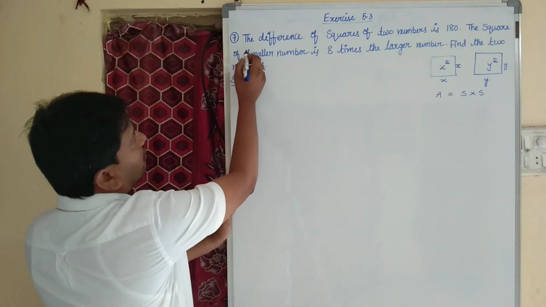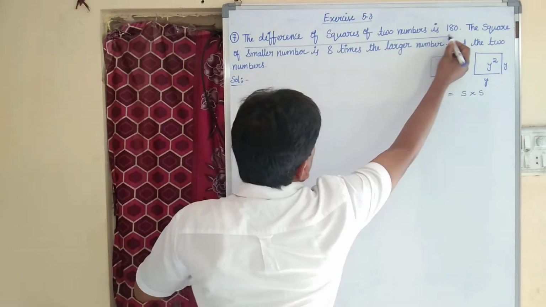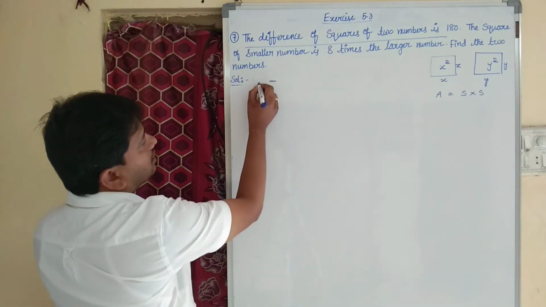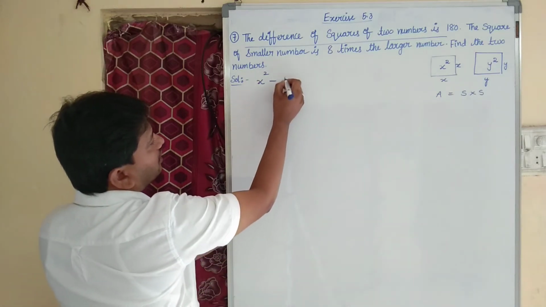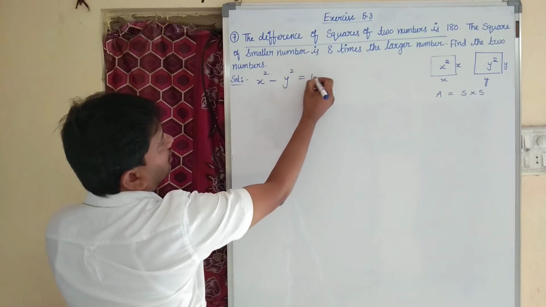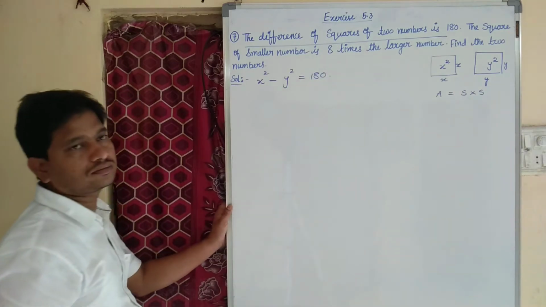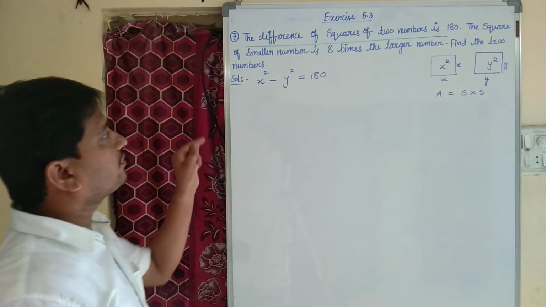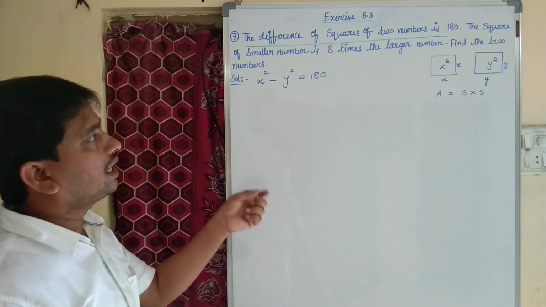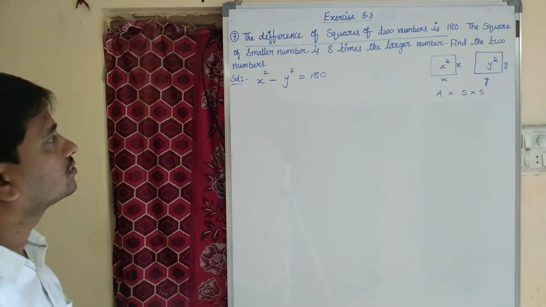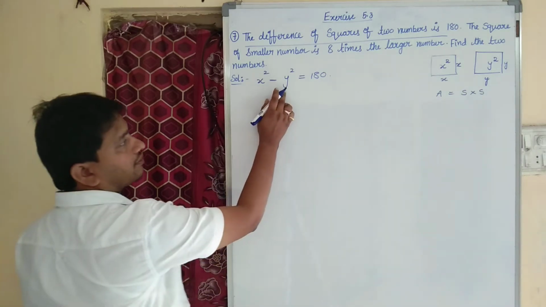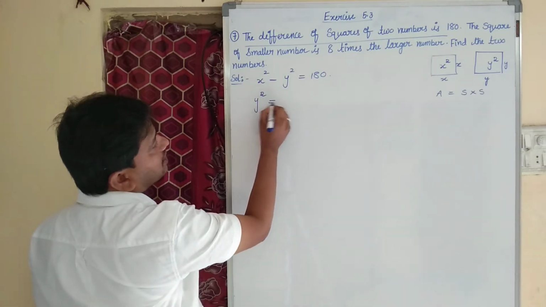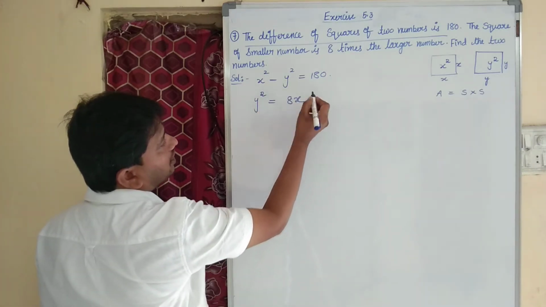Statement number 1: difference of squares of two numbers is 180. Difference means minus. Square of first number is x square, second number is y square, so x square minus y square equal to 180. Now the second statement: the square of the smaller number is 8 times the larger number.